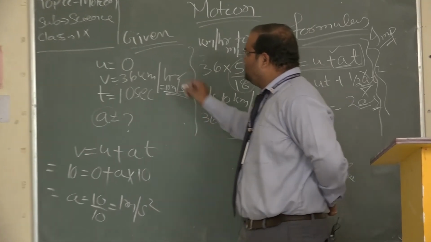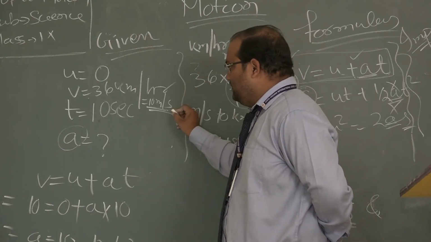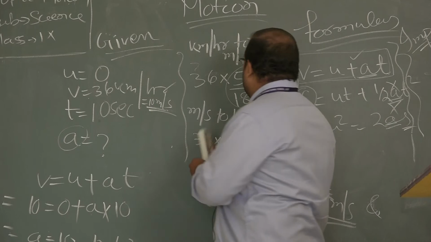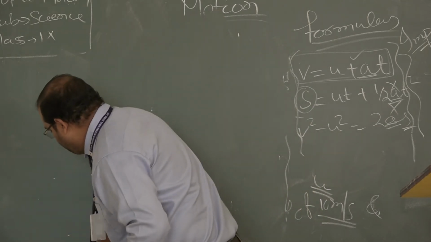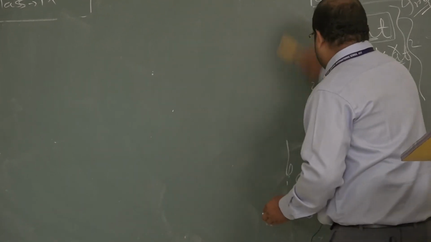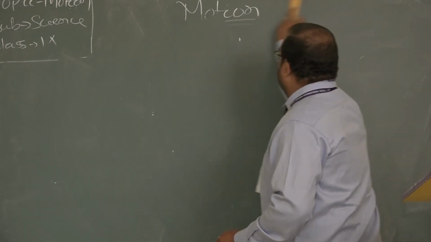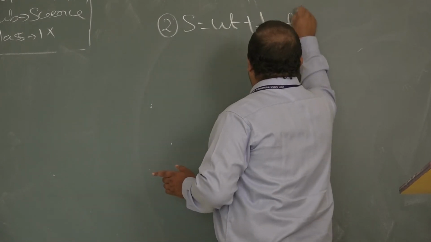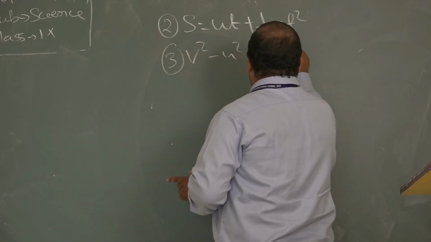Okay. So this is the way to solve the problems relating to motion. Now another two formulas are also there. After v is equal to u plus at, the second formula is s is equal to ut plus half at square, and third is v square minus u square is equal to 2as.